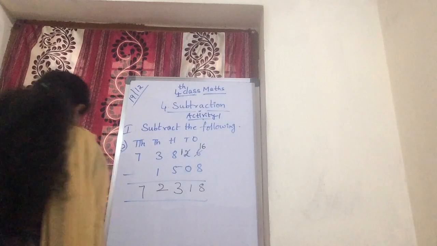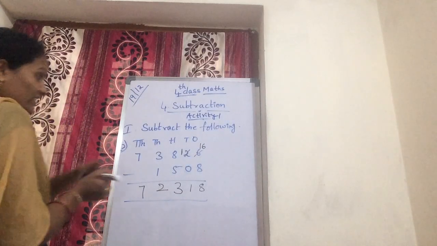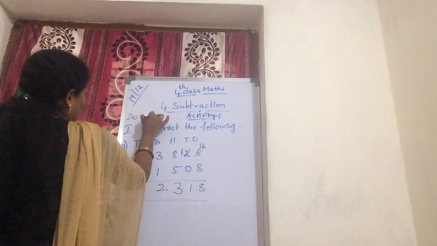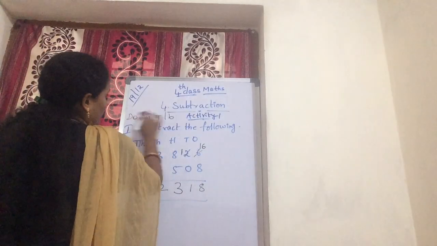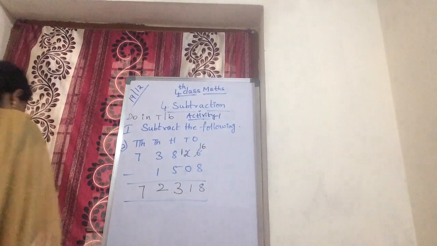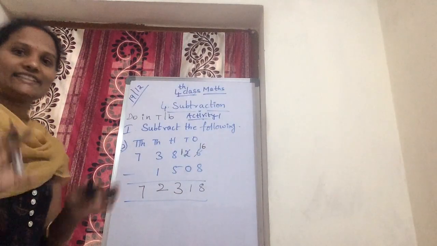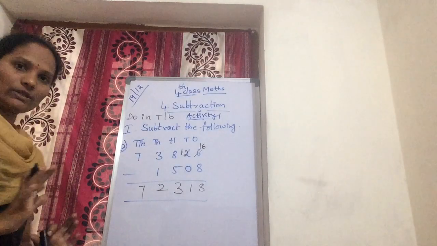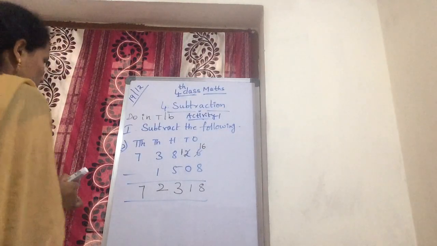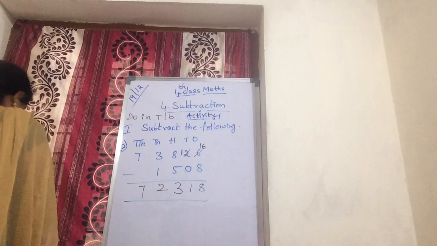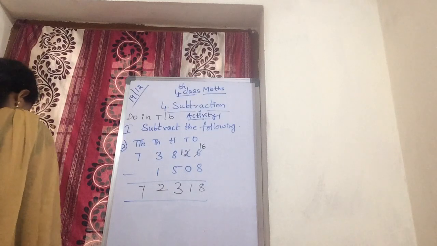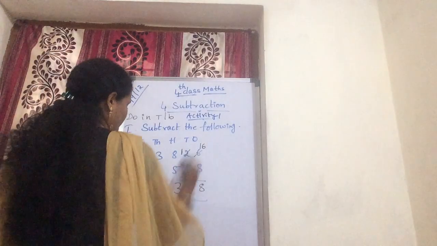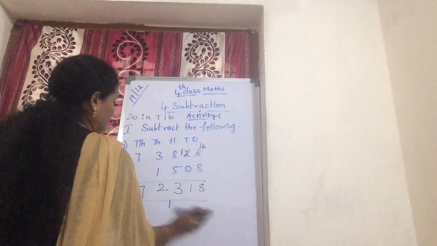Now today your homework is activity 1 in your textbook. In activity 1, 18 problems are there. Do all 18 problems and post it. Now one more problem, do it in your class work.